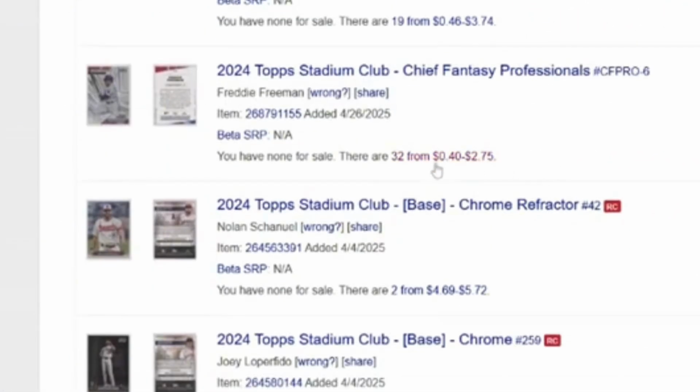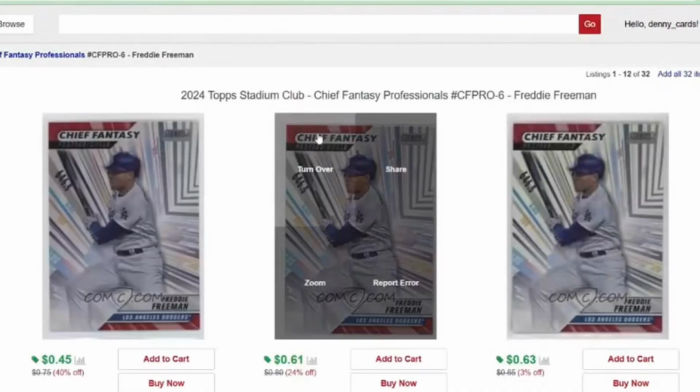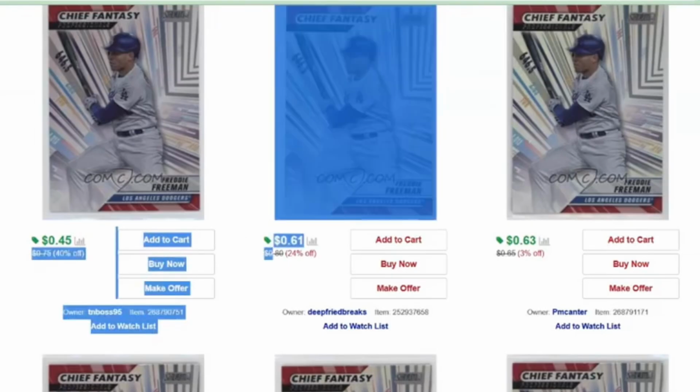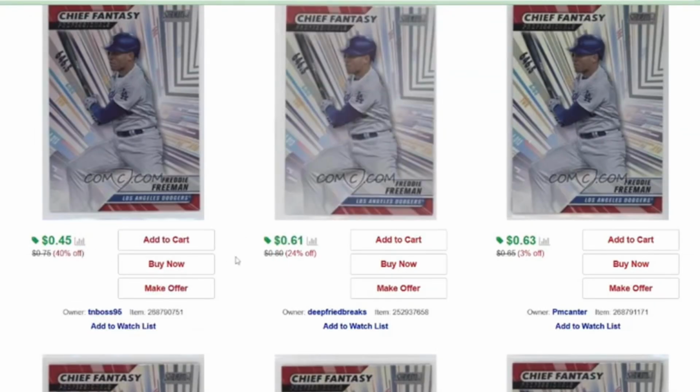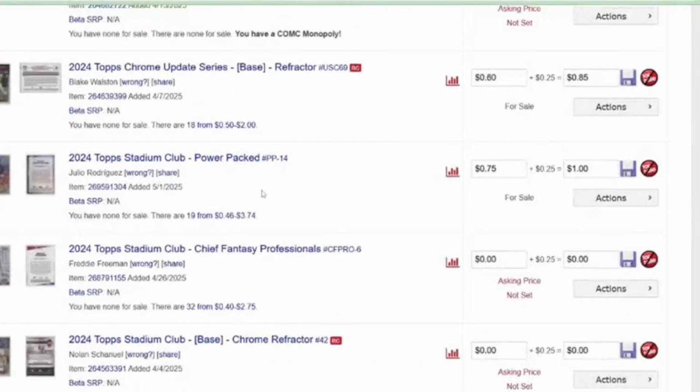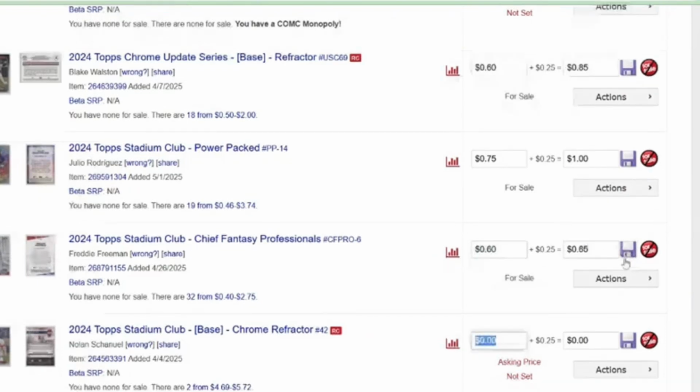Oh wow, this one is 32 from 40 cents to $2.75. I guess some people are willing to just take a loss. They got charged 50 cents by COMC, they're like, I just want to get rid of the card. They're going lower than 50 cents. So let's go ahead and make that one similar to the one above, like 60 cents, because there's 32 of them. So let me do 60 cents and save that. I want to get to something more fun here.